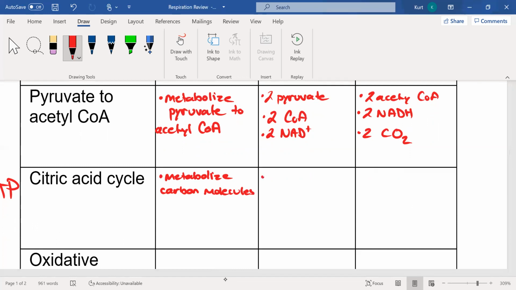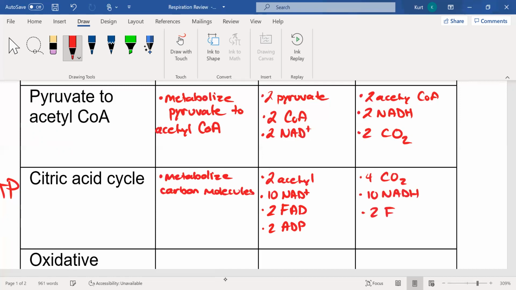So the inputs: 2 acetyl, 10 NAD pluses, 2 FADs, and 2 ADPs. The outputs: 4 CO2, 10 NADH, 2 FADH2, and 2 ATP.